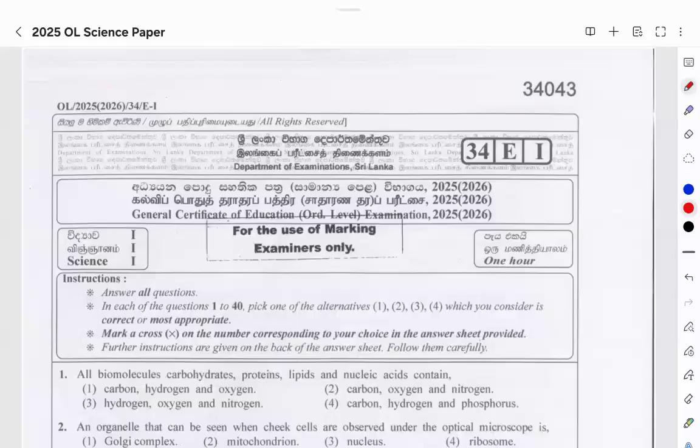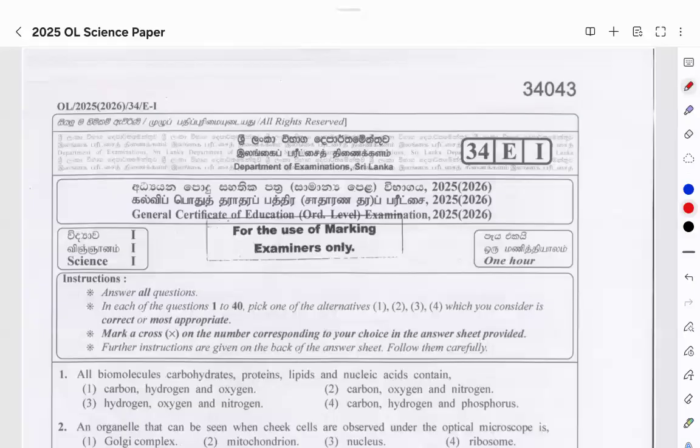In order to do engineering or medicine, definitely you have to do chemistry. But some of the students' plan is not doing engineering. They want to go for computer science, software engineering, those kind of things. Then you can drop chemistry and you can choose ICT.